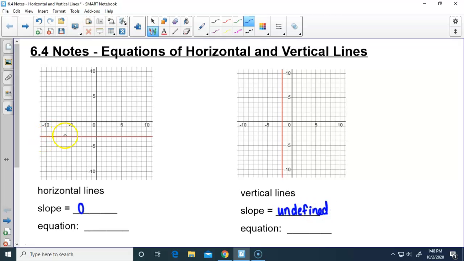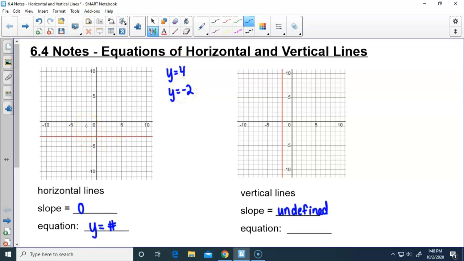So the horizontal line is going to have an equation that is y equals some number. And so that might look like this, y equals 4 or y equals -2. Those are equations of horizontal lines.